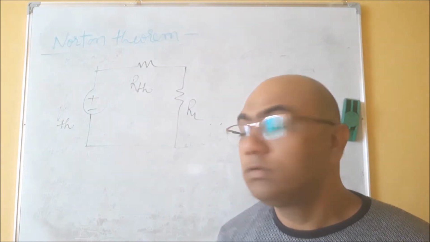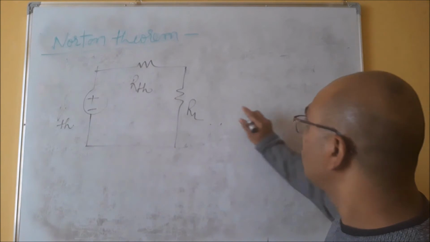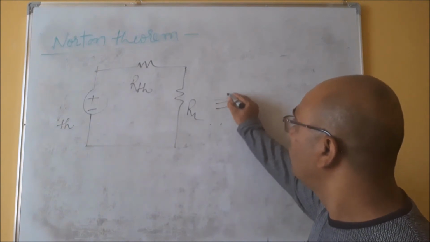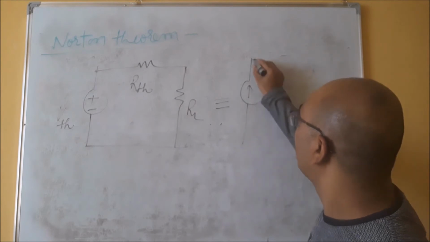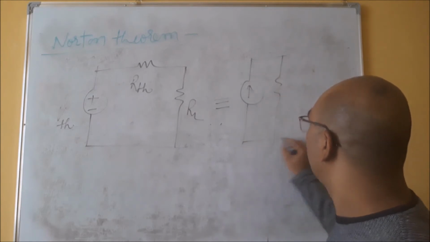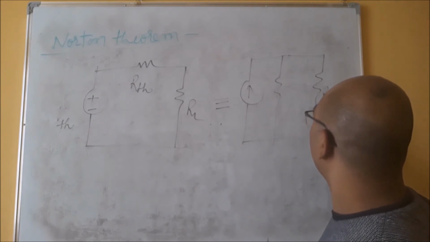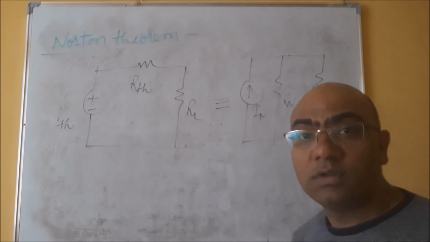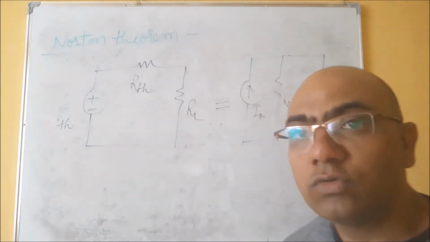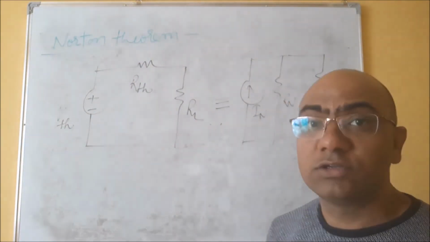And I want to change this voltage source to a current source. Then what will I do? I will use the Norton theorem, and in the Norton theorem, what you have is this. So you are simply changing this voltage source with this current source.